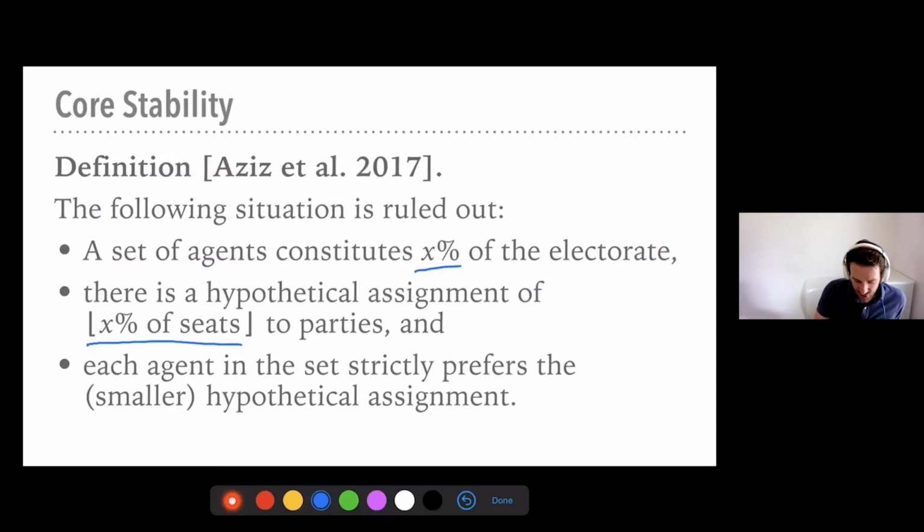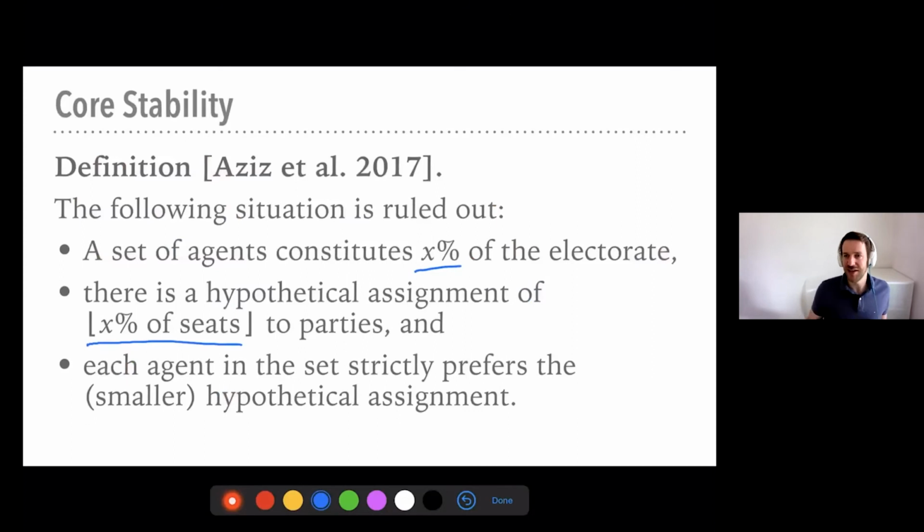And what should not be the case in order to achieve core stability is that we find such a set of agents that can come up with a hypothetical assignment of the number of seats that corresponds to their size in such a way that each agent in this group is strictly happier with this smaller assignment than they are with the actual assignment.